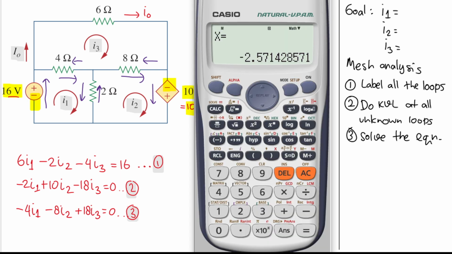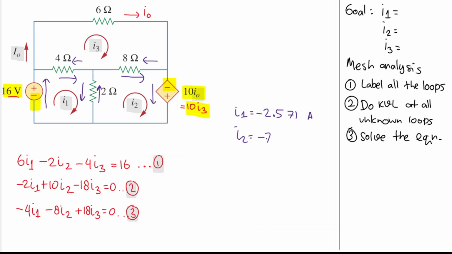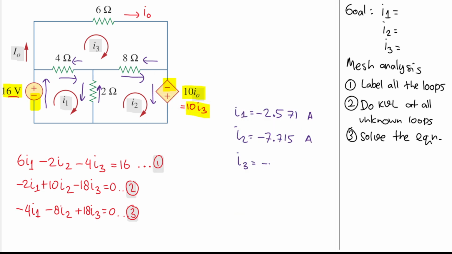I2 here is the Y value. So we will have minus 7.715, and the unit here will be in ampere. And then what is I3? I3 is minus 4. So we'll have minus 4 ampere.